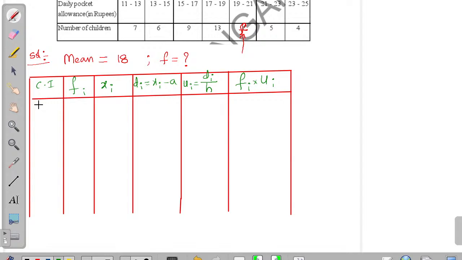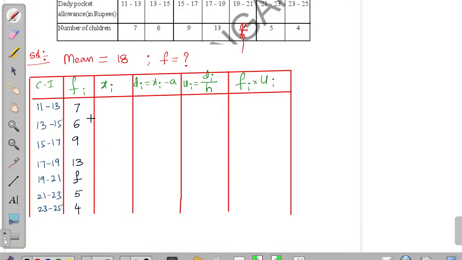So here the class intervals are 11-13, 13-15, 15-17, 17-19, 19-21, 21-23, 23-25. Frequencies: 7, 6, 9, 13, f, 5, 4.